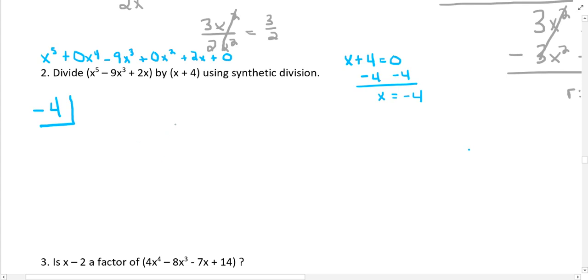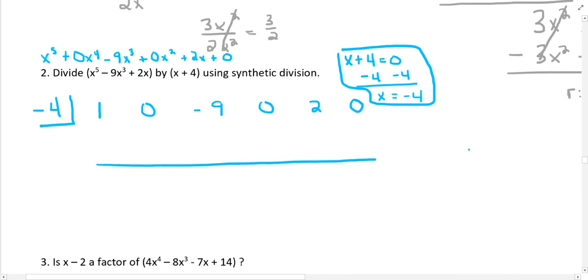Okay, then we'll line up our coefficients. So we have as a coefficient for x to the 5th, you have 1, then you have a 0, then negative 9, 0, 2, and 0. Let me just put this off to the side here. Okay, so then we'll draw our line and we do our synthetic division.